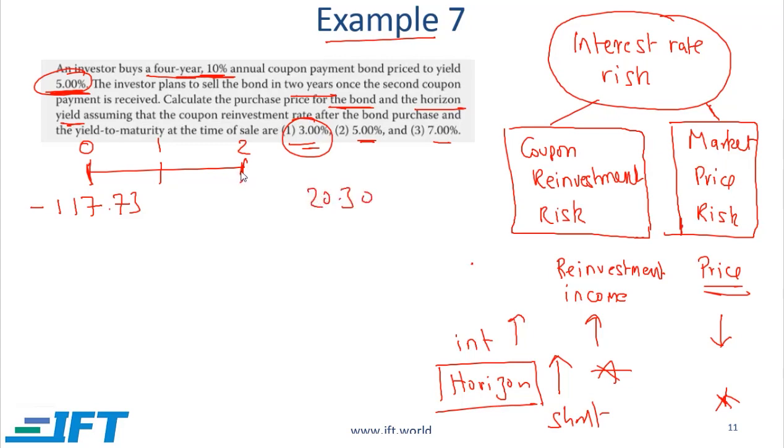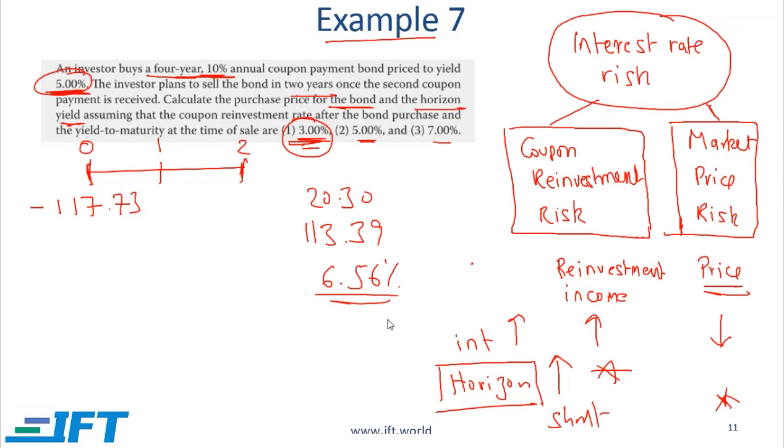The price of the bond is going to be higher than the carrying value because the interest rate is lower than 5%. When you do the calculation, you should get a selling price of 113.39. If you calculate the total yield or the horizon yield, that will come to 6.56%. And notice that this number is higher than the original YTM of 5%.